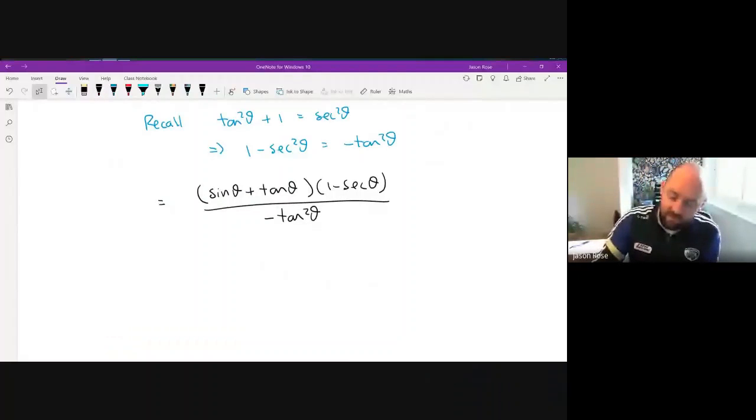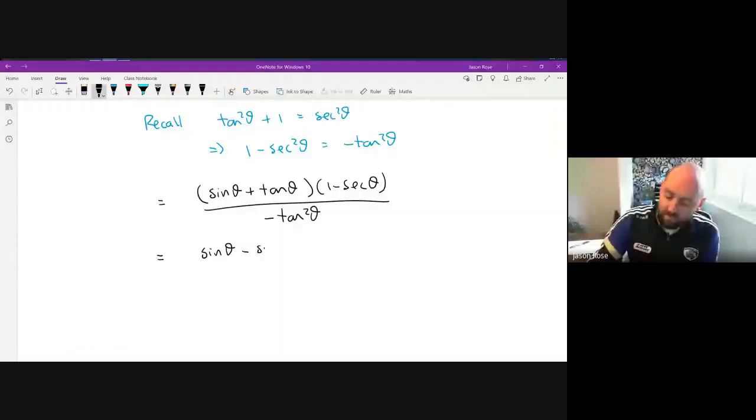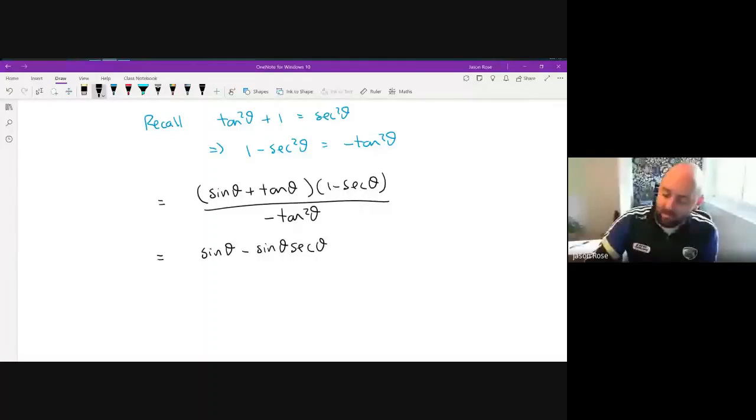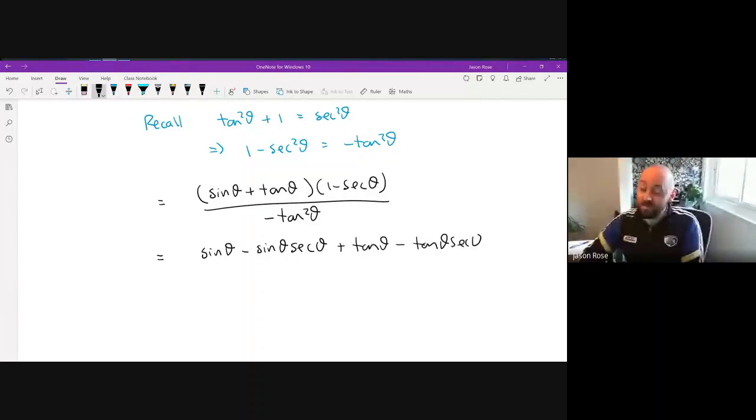Next thing I'm going to have is sine theta minus sine theta secant theta, plus the tan terms, all divided by minus tan squared theta. Looking back at the identity, I want to see sine theta as the final answer.